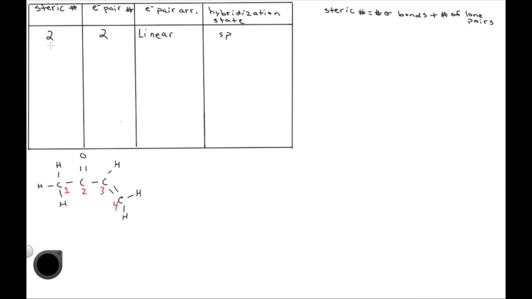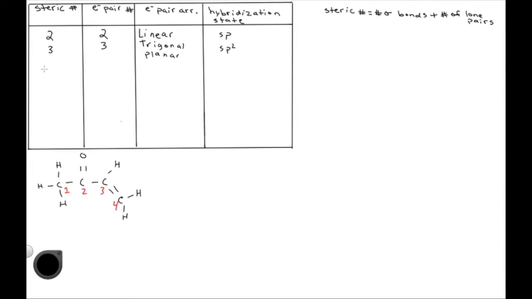Now, if we have a steric number of 3, our electron pair number is going to be 3. And our electron pair arrangement is therefore going to be trigonal planar. And that's going to give us a hybridization state of sp2 hybridized.